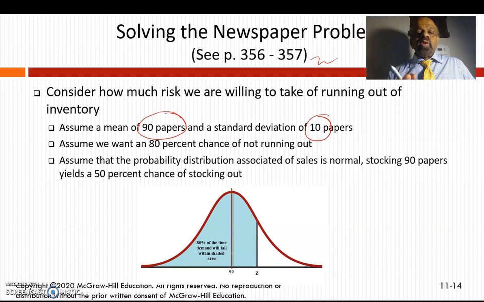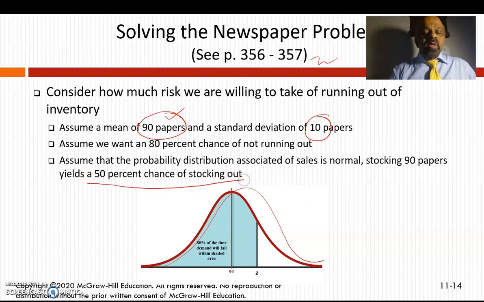We are also going to assume that the probability distribution is normal, which is this normal curve. Stocking 90 papers, the mean, yields a 50% chance of stocking out. So basically, if I stock 90 papers to sell, I have a 50-50 chance of not meeting my demand.